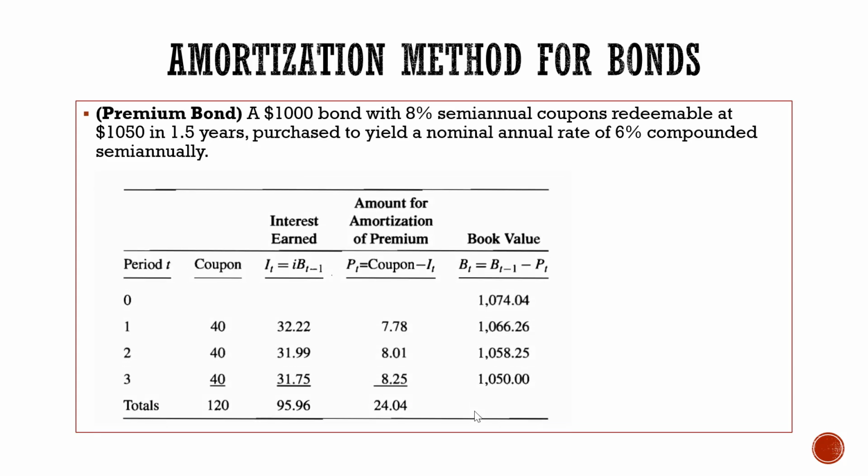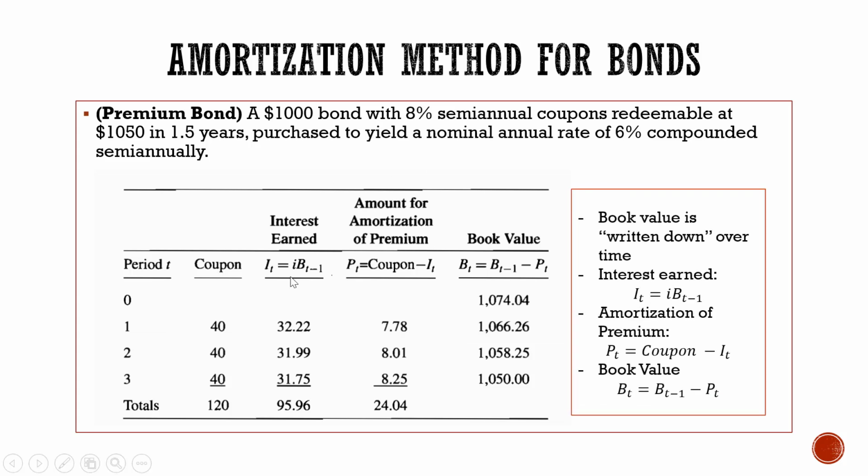So here's the table of the amortization schedule. There are a couple of things that differ from the amortization schedule for a loan. In the loan, this one is the outstanding balance. So in the amortization schedule for the bond, the book value replaces the outstanding balance. The amount of amortization of premium replaces the principal paid, and the coupon replaces the payment.